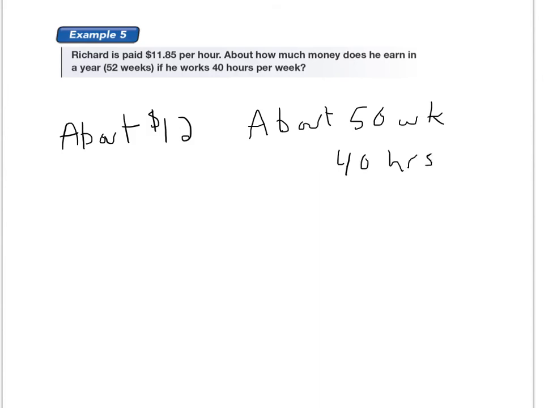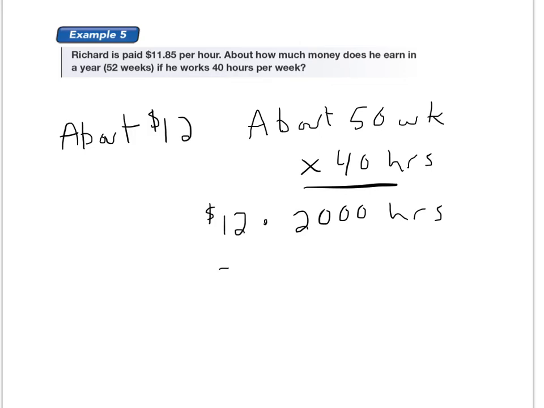Okay, well, we can figure out how many hours he's going to work if he works 40 hours every week times 50 weeks. Okay, we would multiply those together. So he's going to work about 2,000 hours total. And he gets $12 every single hour about. So if he gets about $12 every hour, and he's going to work about 2,000 hours, we just multiply those together to figure out the total money he'll get.